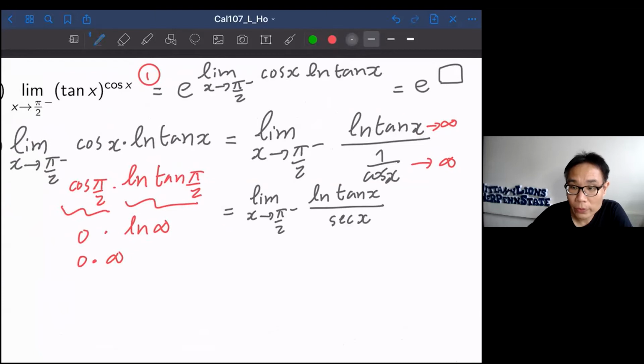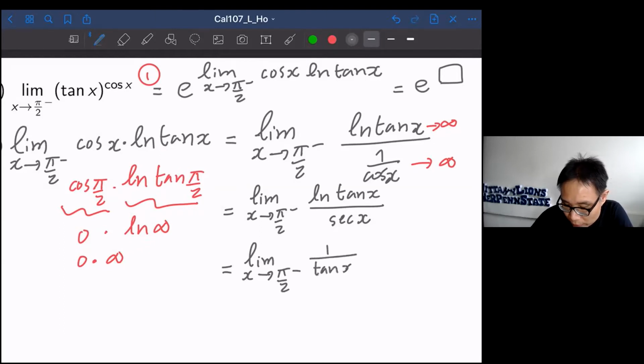Then you differentiate log tan x, which is going to be 1 over tan x. And differentiating tan, you get secant squared. For the bottom guy, you differentiate sec, you get sec x tan x.